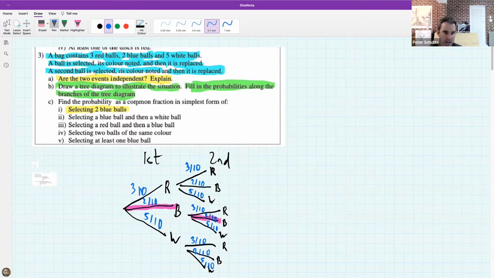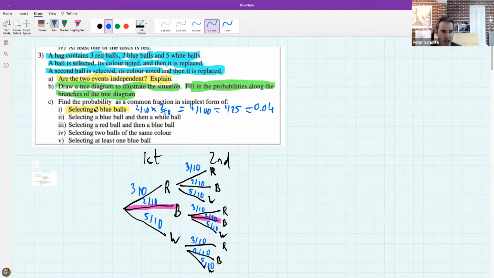And so I think it would just be 2/10 times 2/10, which would equal 4/100, or 1/25, which is what I'm seeing in the chat, or 0.04 is also fine as well. Okay, so that was the first one.